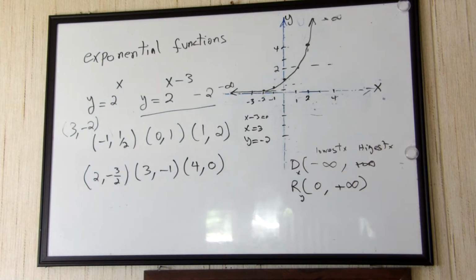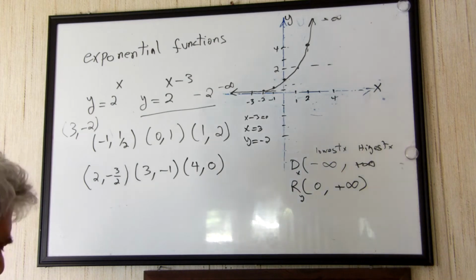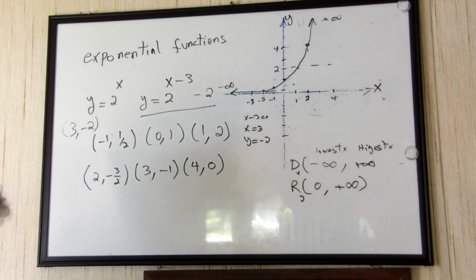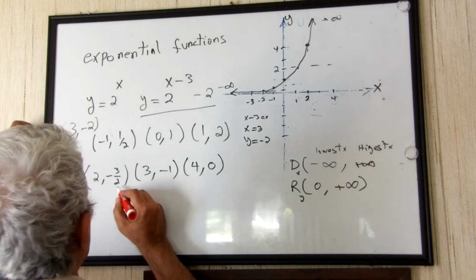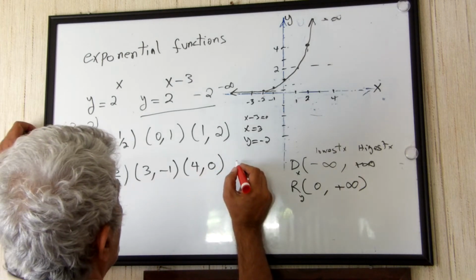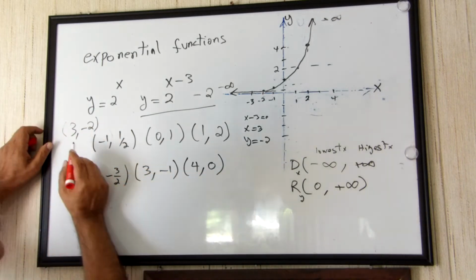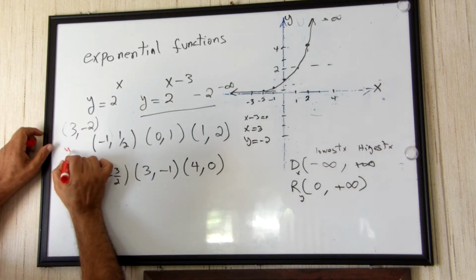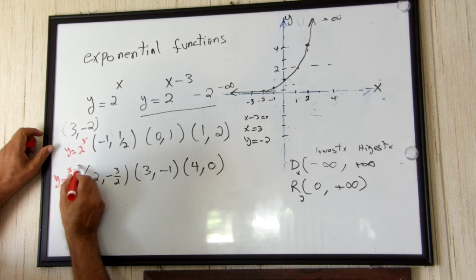We use another color to see this. Okay, the points belong to y is equal to 2 to the power of x, and this one is equal to 2 to the power of x minus 3 plus minus 2.